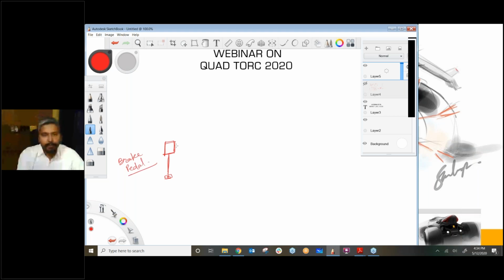Similarly in here, so suppose this is front and this is rear. All right. So what do you do when you press the brake pedal? You push the fluid from the master cylinder to the caliper, and when this extra fluid reaches the caliper, it pushes the piston inside the caliper.